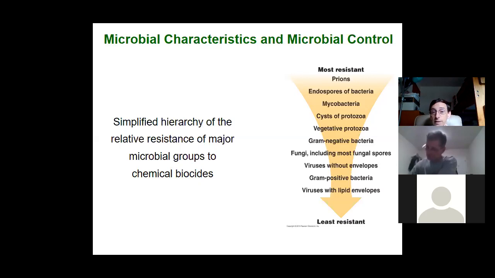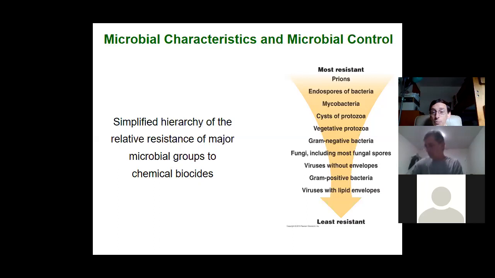Any question about that? But then alcohol, which is not a very good chemical disinfectant, so it's not very effective, is actually very good at killing mycobacteria because alcohol gets through the mycolic acid and then goes in and denatures the proteins in the cell.